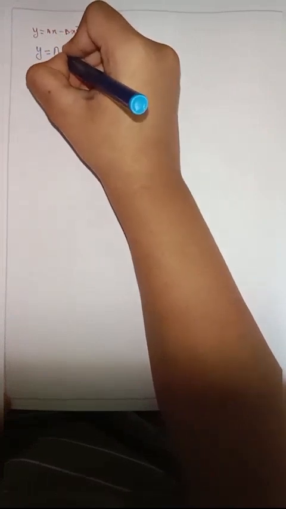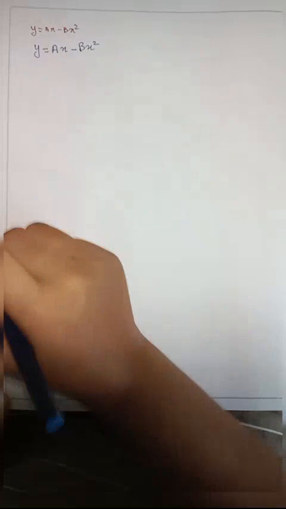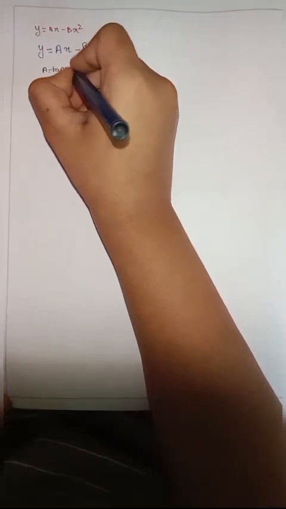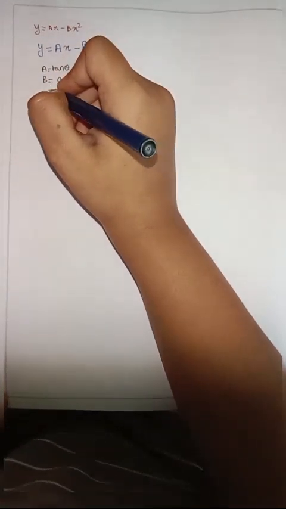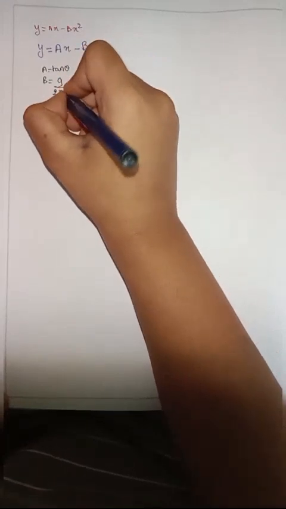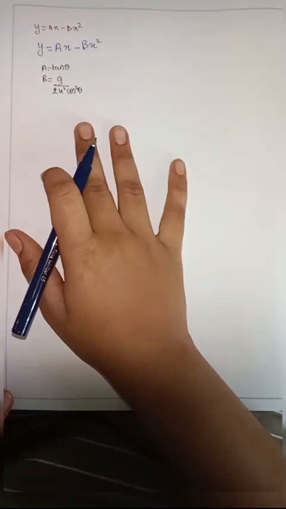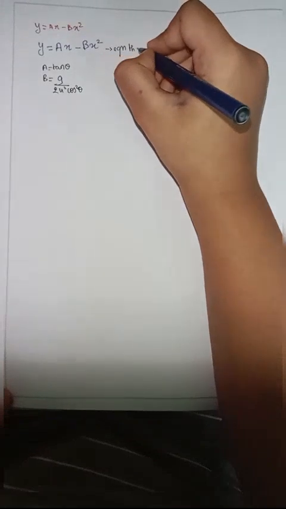Here a is tan theta, and b, as I said before, is g divided by 2u square cos square theta. This is the equation of the projectile. We can simply say this equation like this.